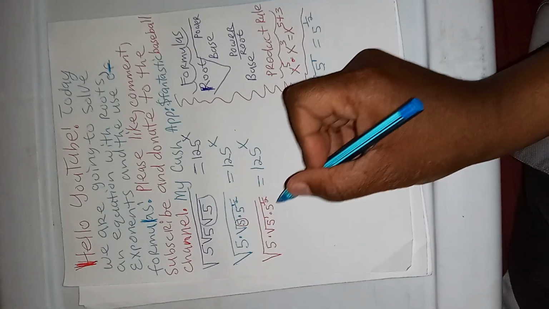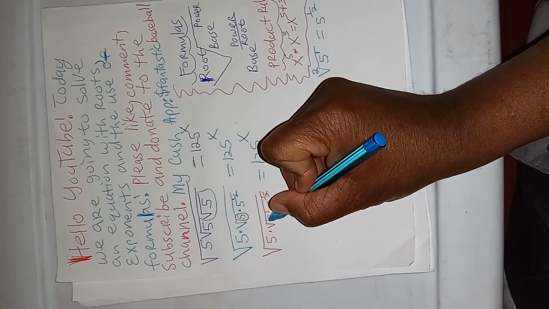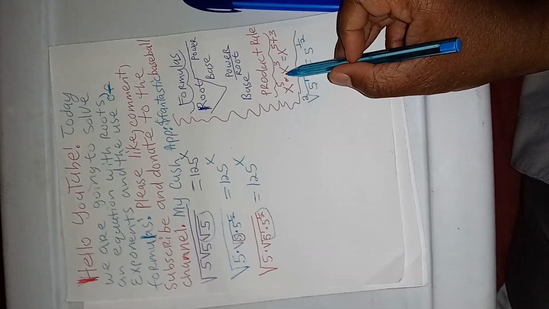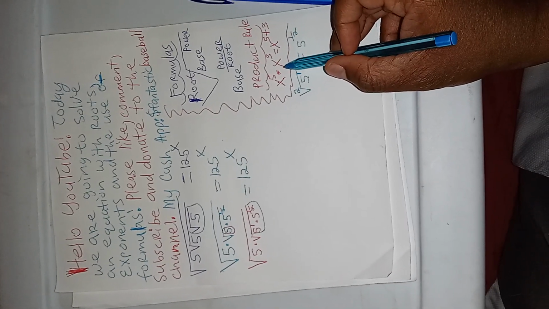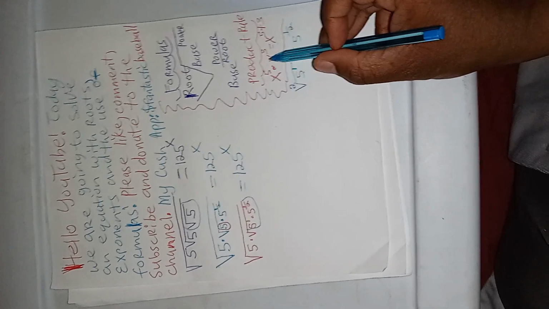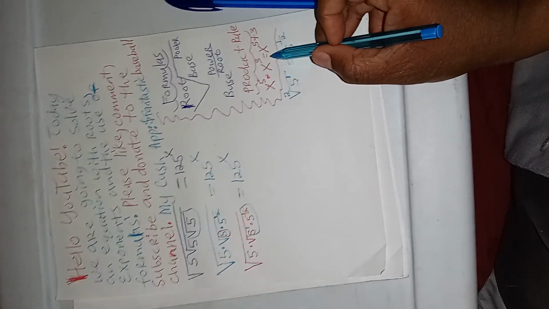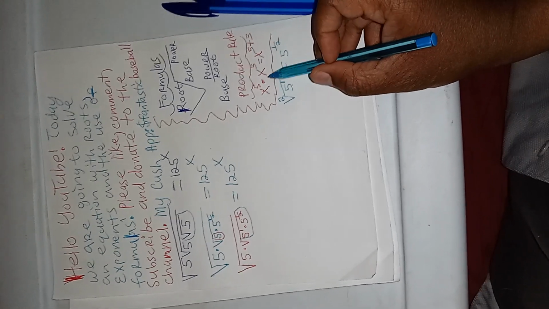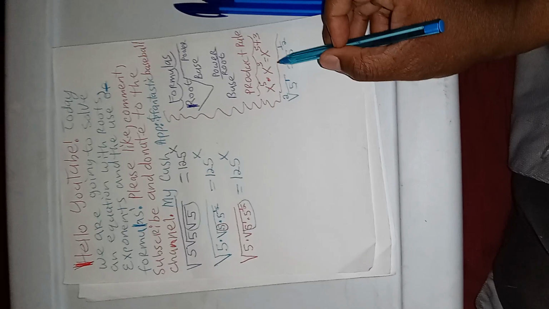So let's circle the next piece. And we want to use this formula here, the product rule: base to the power times base to the power is equal to the base to the power plus the power. So x to the 5 times x to the 3 is equal to x to the 5 plus 3.